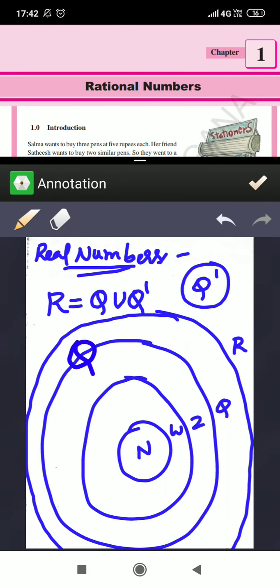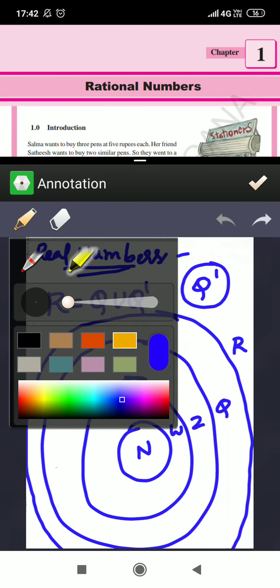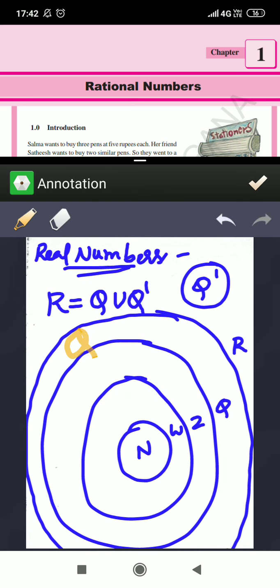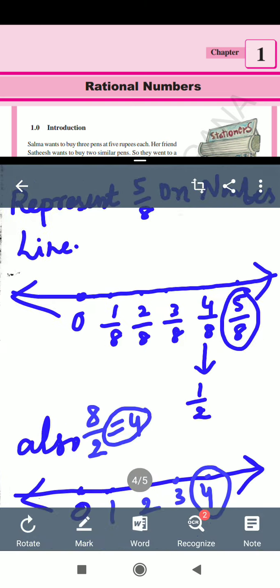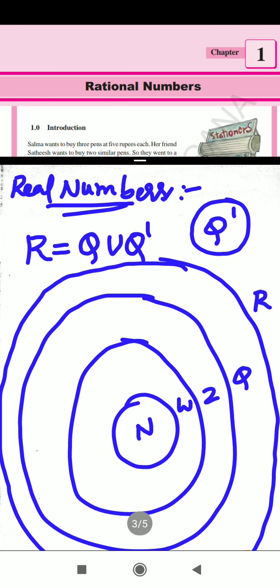Q is nothing but, as we know, rational numbers. But what is Q prime? Opposite to it, irrational numbers, which are not ever defined like this. Later on we will discuss examples of rational and irrational numbers.